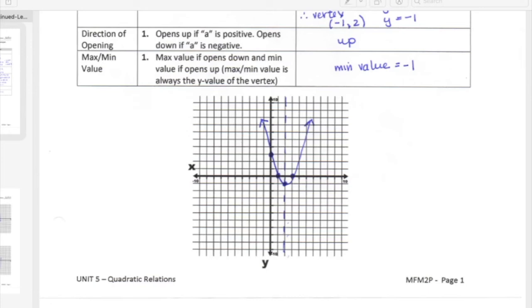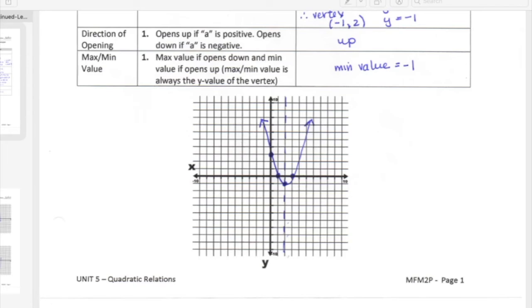Okay. Now the next thing is the maximum value. If the parabola opens downward and it forms kind of a mountain, it's reaching a maximum point. And we would say it has a maximum value of whatever the vertex is. Now this one here, because it opens upward and it reaches a low point, it has a minimum value.